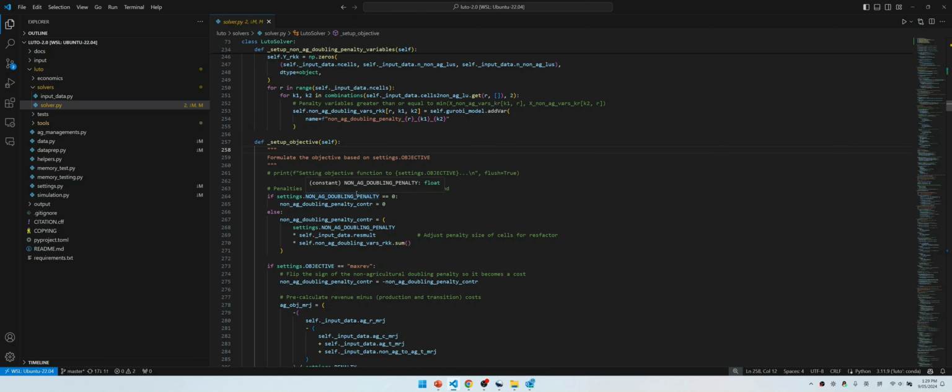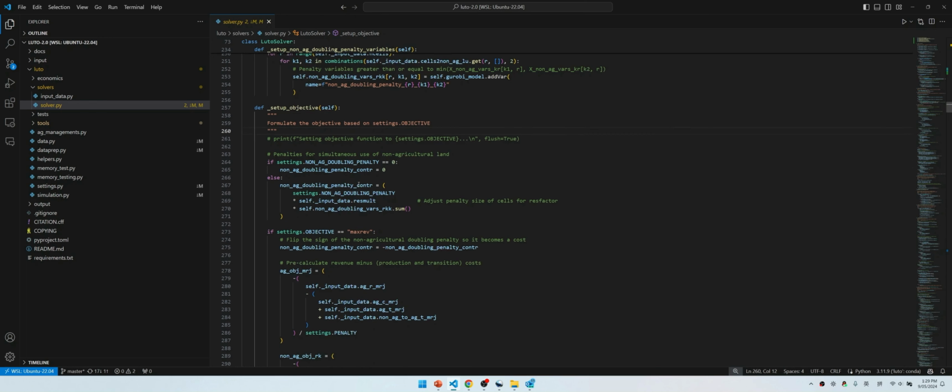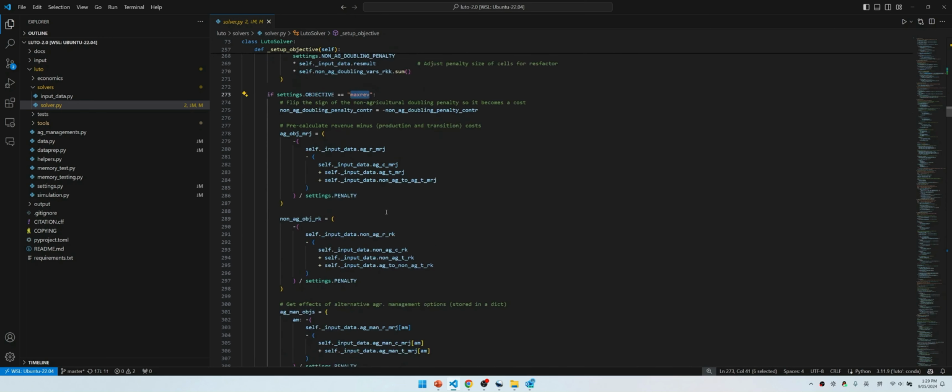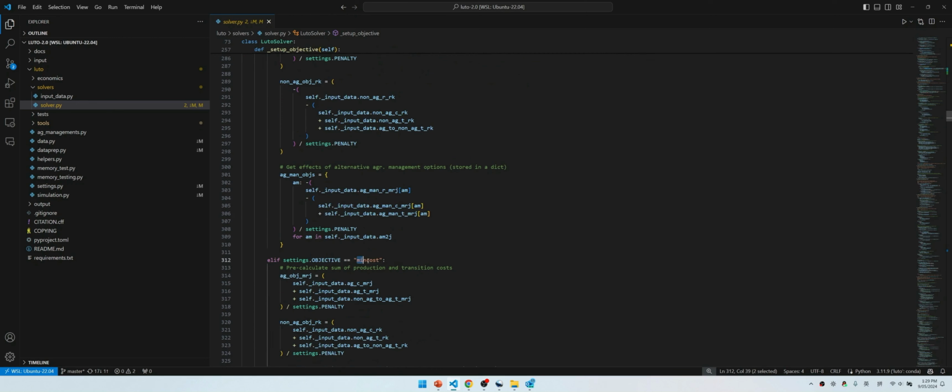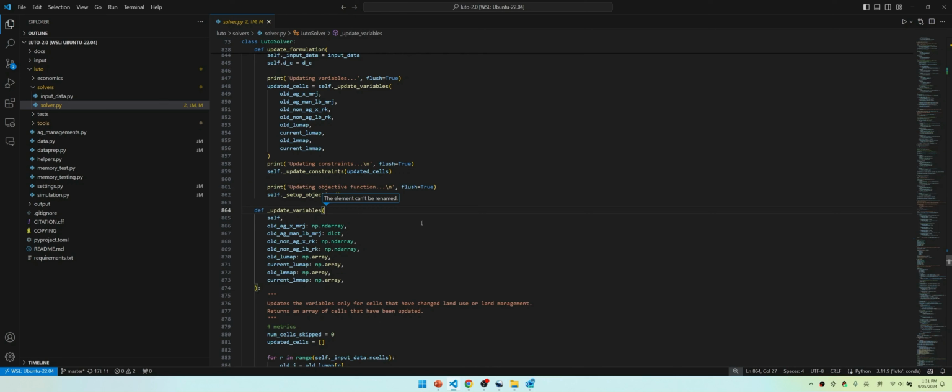We just talked about this. It is essentially trying to find the best solution. Because Luto can find infinite solutions for greenhouse gas, water, and so on, we use max revenue or minimize cost to force Luto to find the best solution.